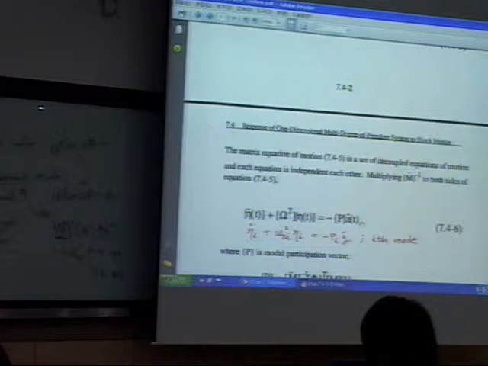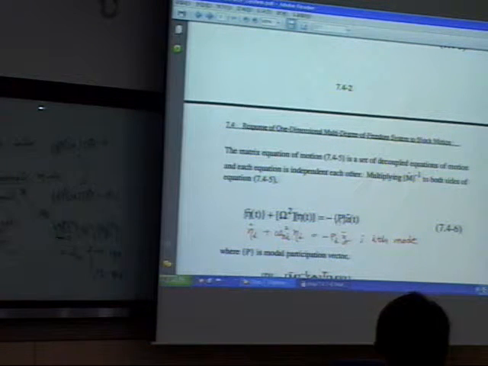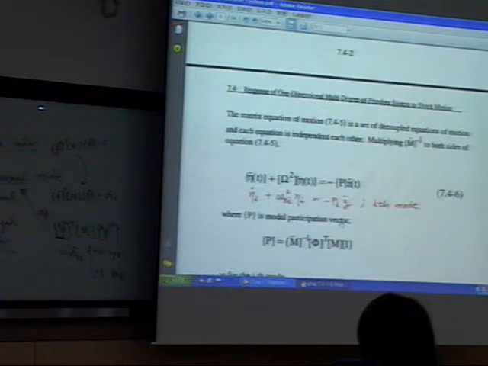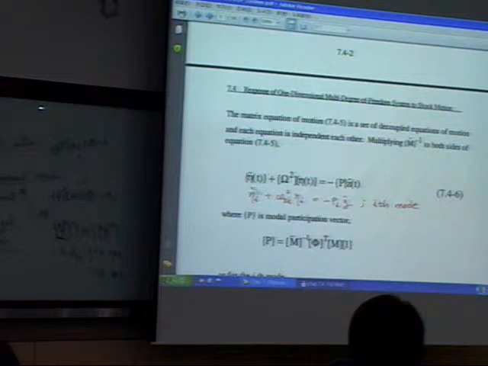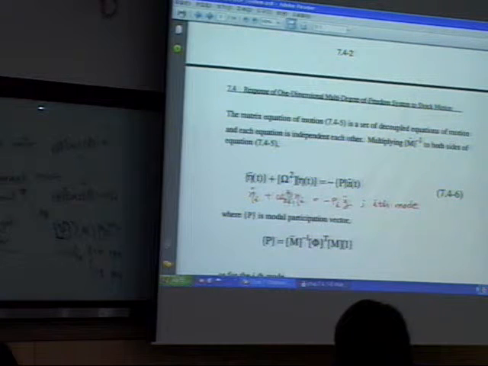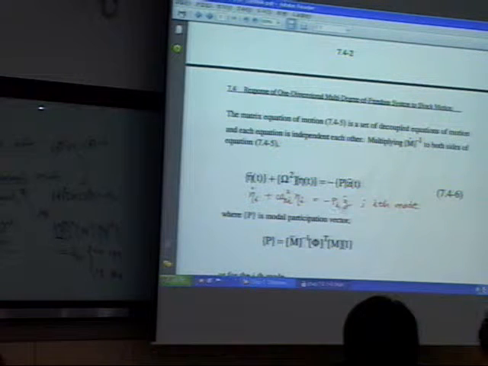So this is in what space? Modal space. And you're just summing up everything as a p vector, which is called the modal participation vector. If you pull out the ith row, which means ith mode, then eta i double dot plus omega ni square eta i is equal to minus p i z double dot.